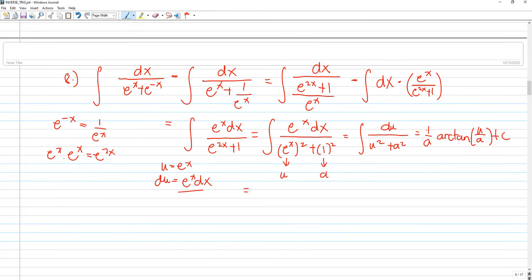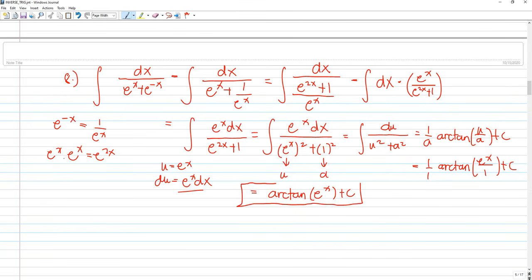So 1 over a would be 1 over 1, arctan of u all over a. Our u is e raised to x over 1, plus c. Or in other words, our final answer would be arctan of e raised to x plus c. It's very simple. That is our final answer.